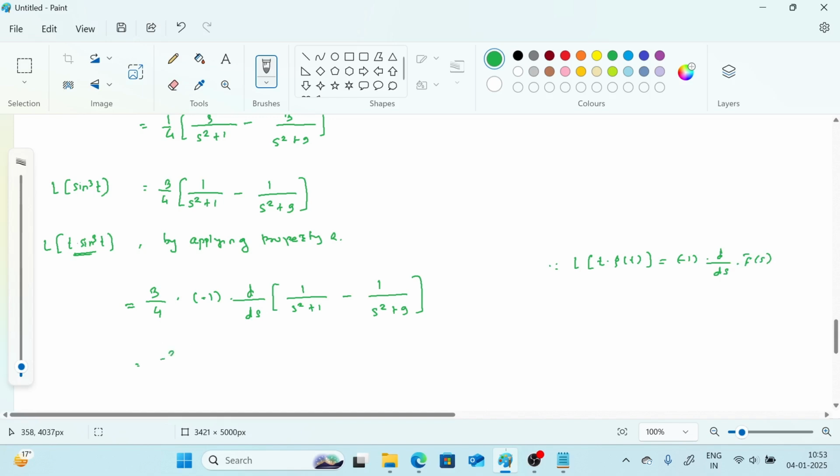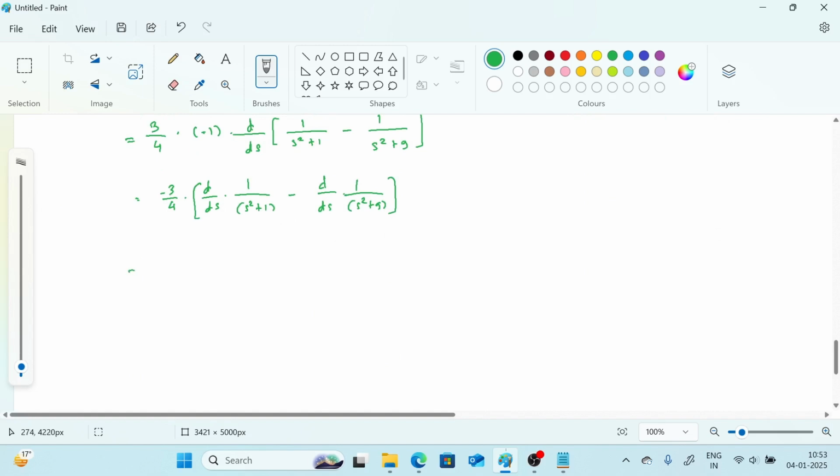So what I will get? Minus 3 by 4 d by ds of 1 upon s square plus 1 minus d by ds of 1 upon s square plus 9. What I will get? Minus 3 by 4. I'm going to apply the formula: derivative d by dx of 1 upon x will be minus 1 upon x square. So I'm going to apply the same logic here.